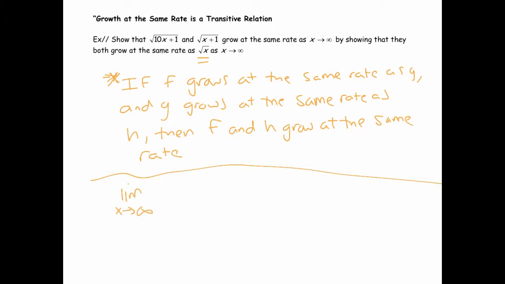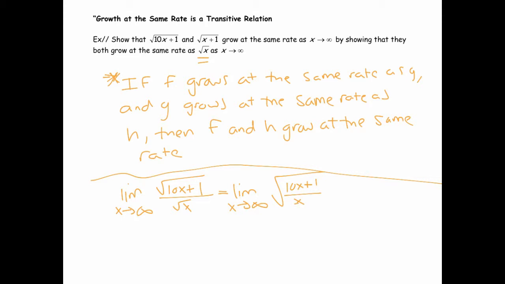Let's compare root 10x plus 1 divided by root x. Notice it was a good idea to put the root 10x plus 1 on top, not because it would be wrong otherwise, but because we're going to be able to use this property of square roots, right?